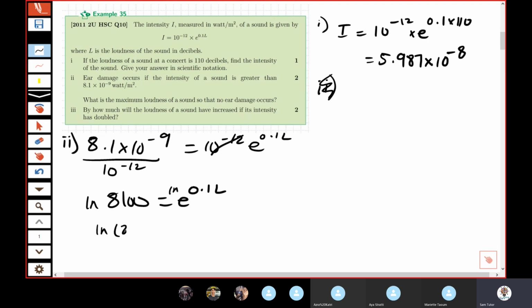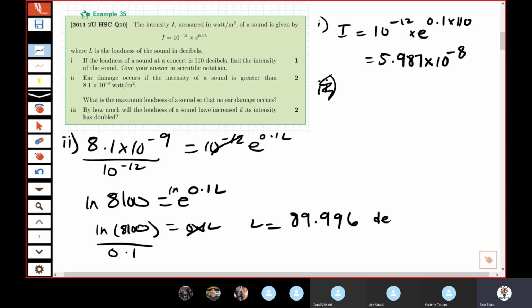So we've got log 8100 equals 0.1 L, divided by 0.1. And you guys are done. You got 2 marks. L equals, so maximum loudness is 89.996 decibels.